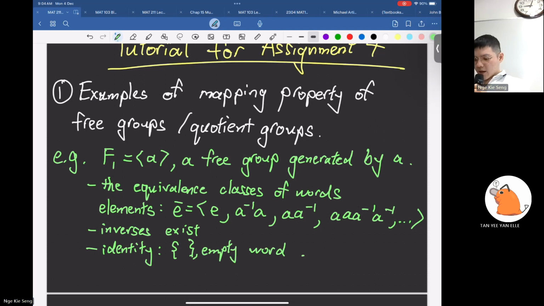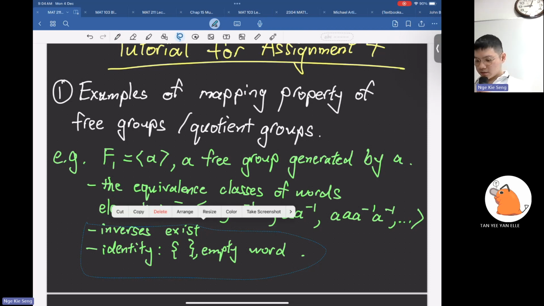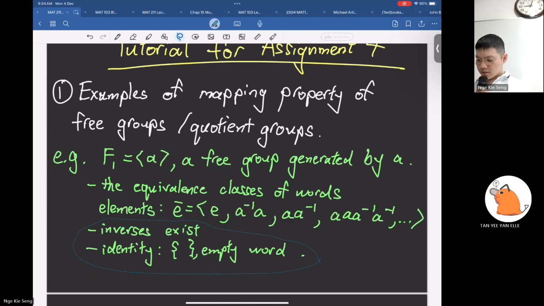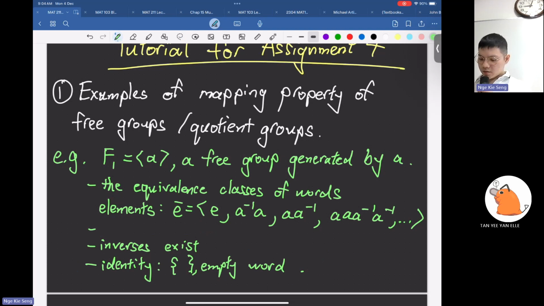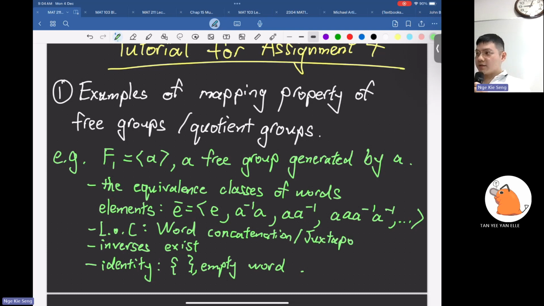And what's the law of composition? The law of composition is just the word concatenation, or the word juxtaposition. So you just put words side by side, or letters side by side. Okay. So this is a free group.